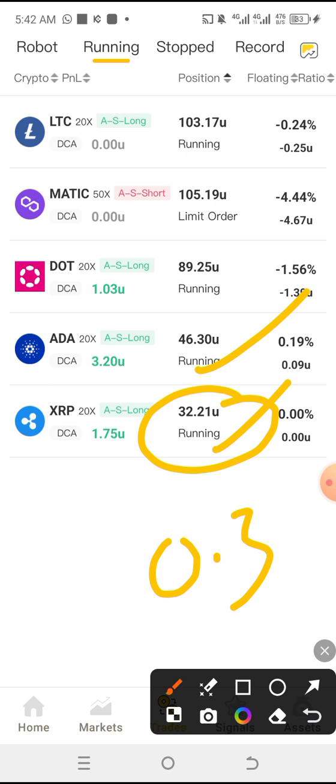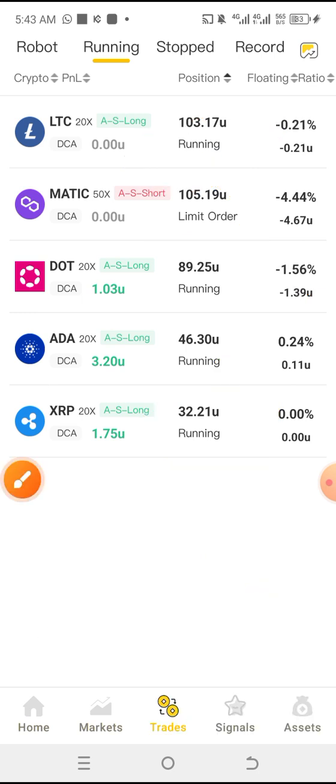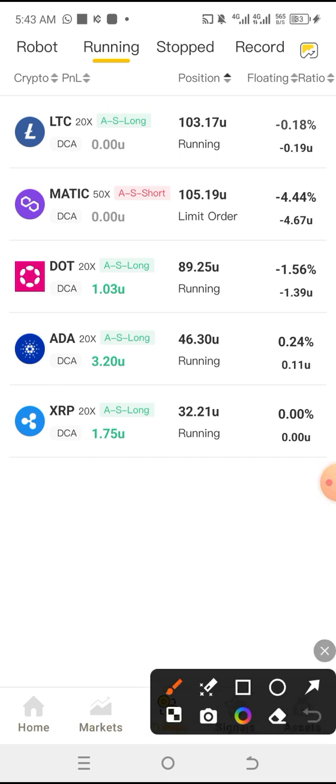The only time you earn $1 at once is when it goes down and it purchases more, and it takes you to pay probably 1 point something dollars. So if coins keep going your way, you'll be getting about 0.3, 0.4, and so on. And you keep wondering, the profit is not much. So you can see the difference.